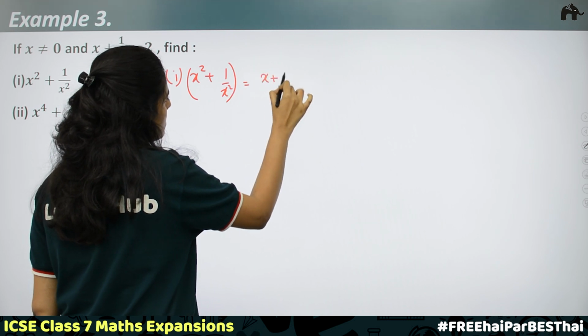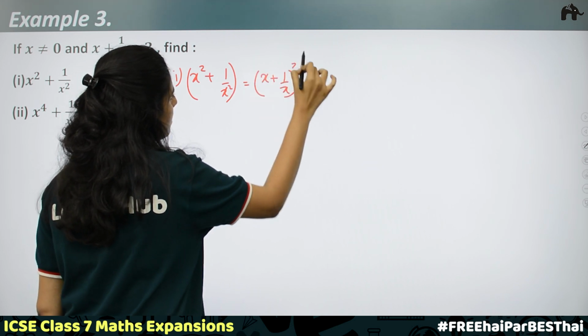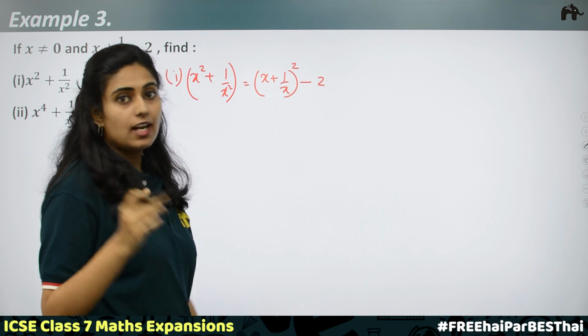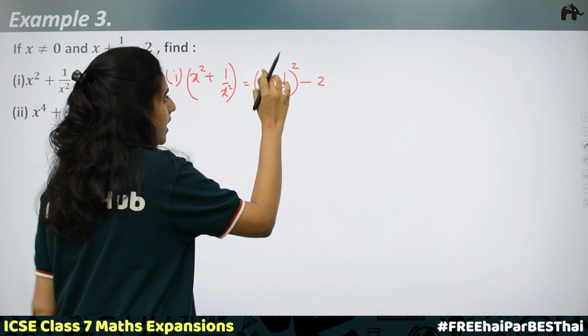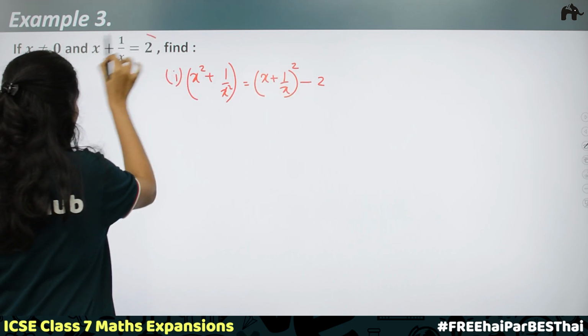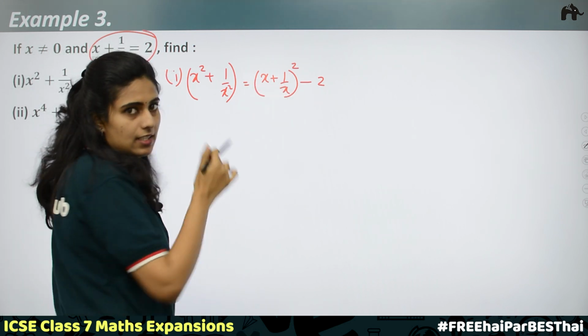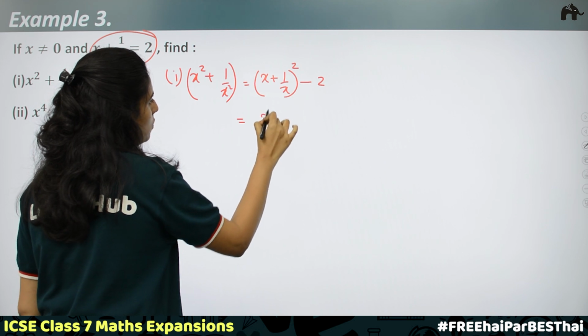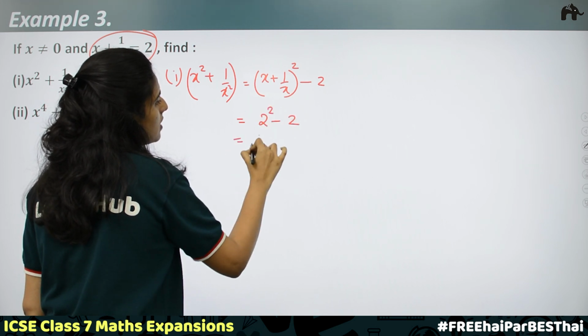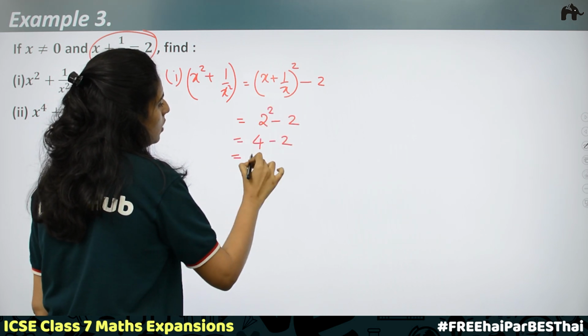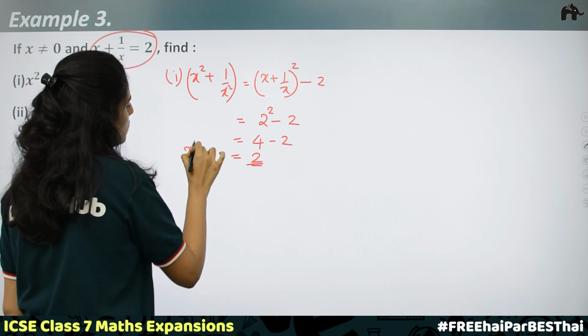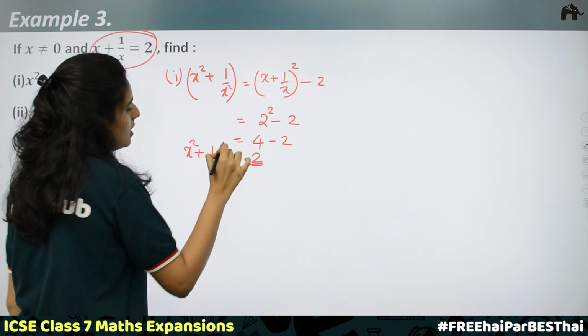This is (x plus 1 by x) whole square minus 2, or you can write (x minus 1 by x) whole square plus 2. But here we have the value of x plus 1 by x equal to 2, therefore we are taking this form. This is equal to 2 square minus 2, which is 4 minus 2 equal to 2. So we got x square plus 1 by x square is equal to 2.